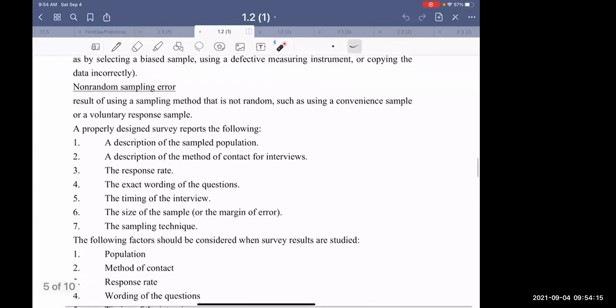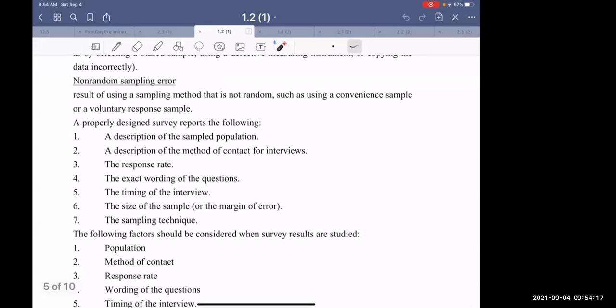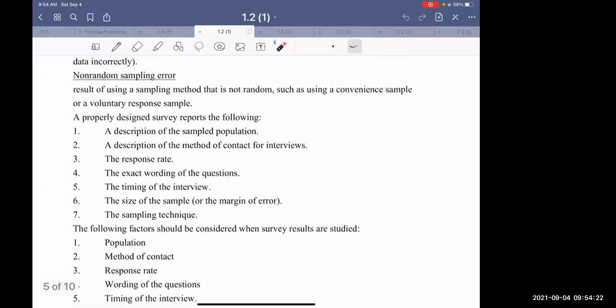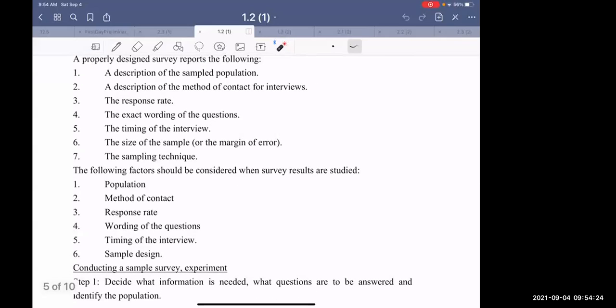Okay, so a properly designed study should report the following: a description of the sample population, description of the method of contact, response rate, exact wording of questions, timing of the interview, the margin of error, size of sample, and sampling techniques.